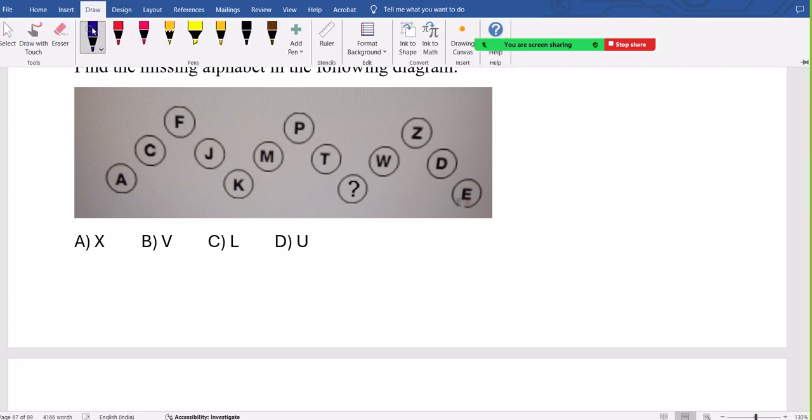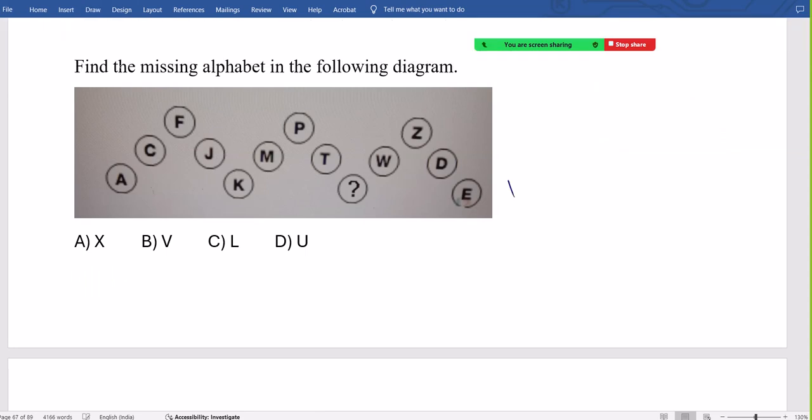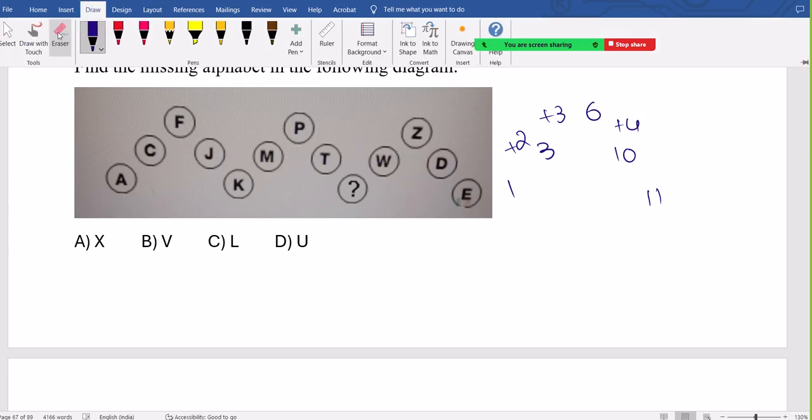ACF JK: 1, 3, 6 plus 2, plus 3, 10. Yeah, plus 2, plus 3, plus 4, again plus 1. Fine, I'll write the numbers, then we'll write that what is increasing.